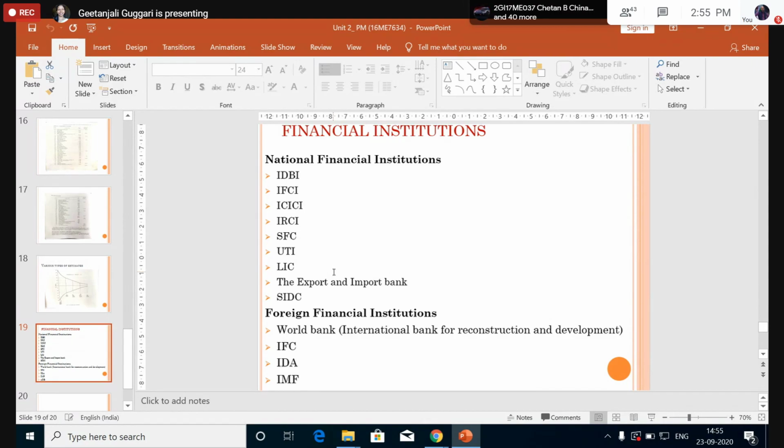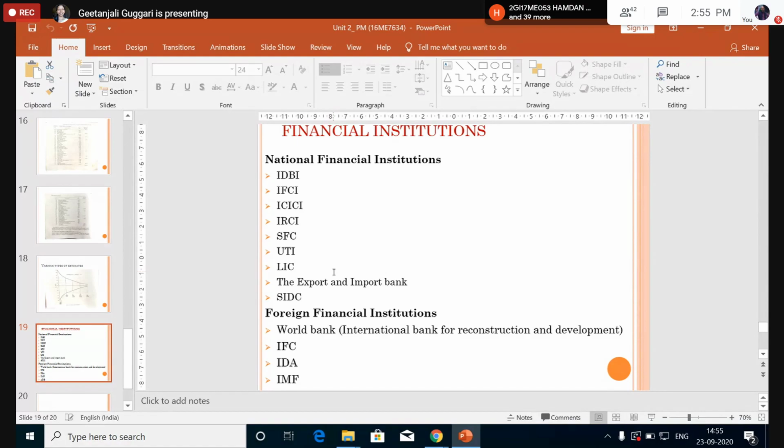Then Life Insurance Corporation, that is LIC. The Export and Import Bank of India. And the State Industrial Development Corporation, that is SIDC.